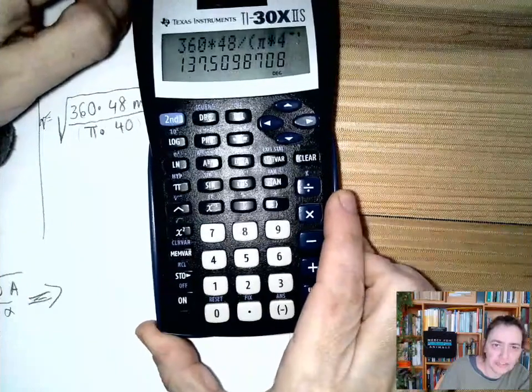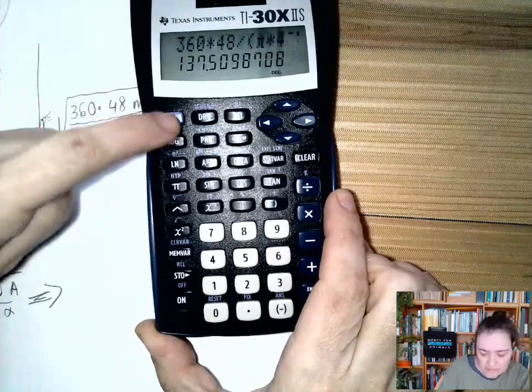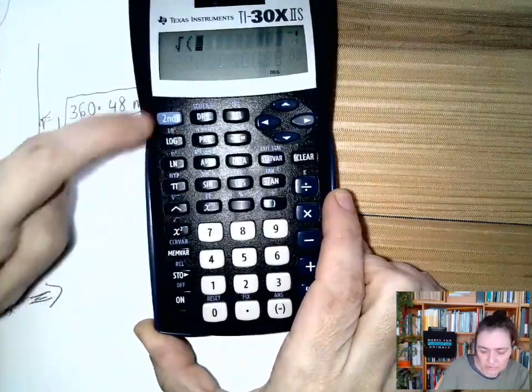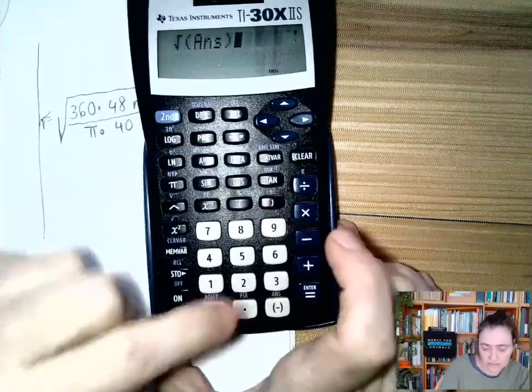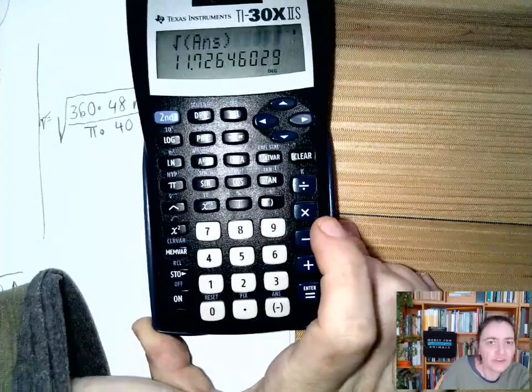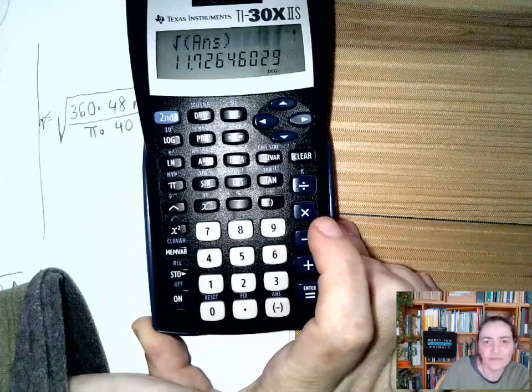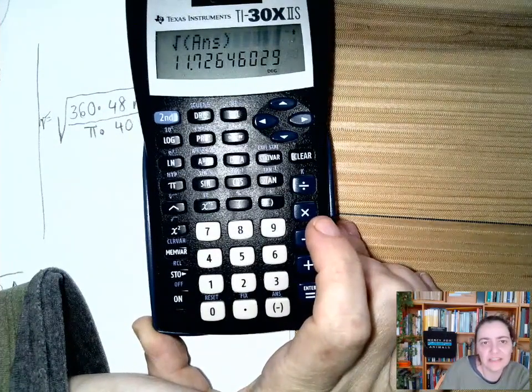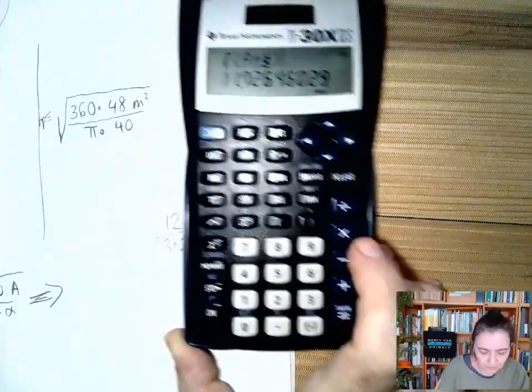That's 137. That's r squared. So we can say second square root of the answer. That looks more like it, right? 11.7273 meters. That's more like it.